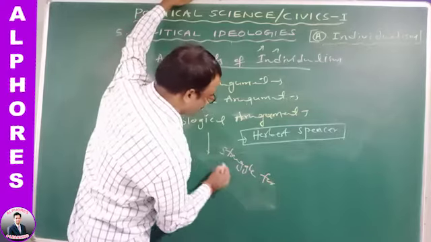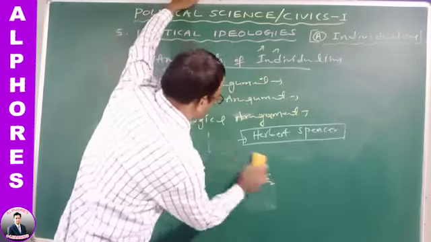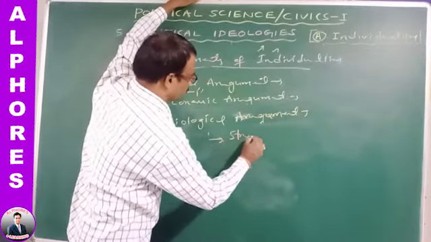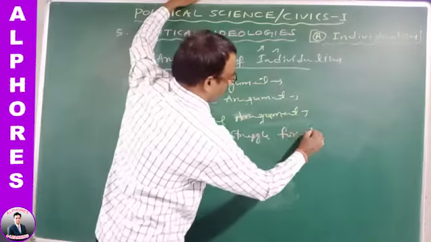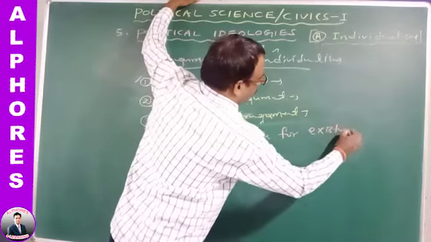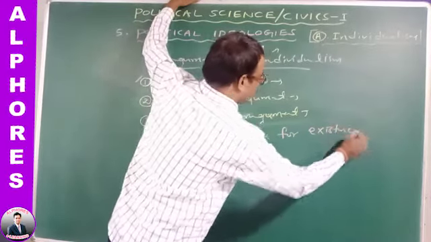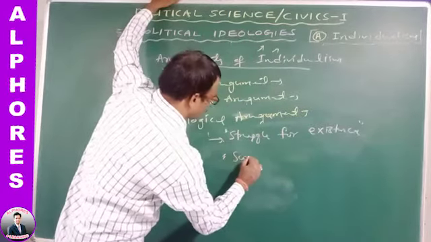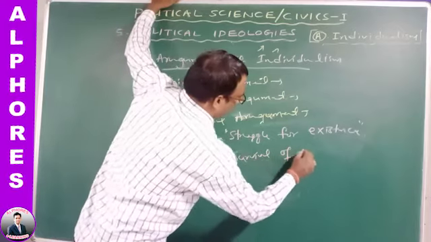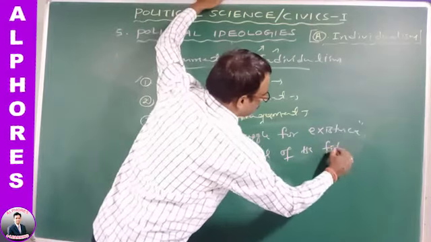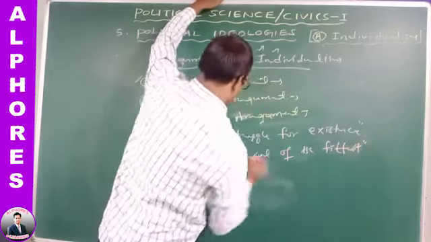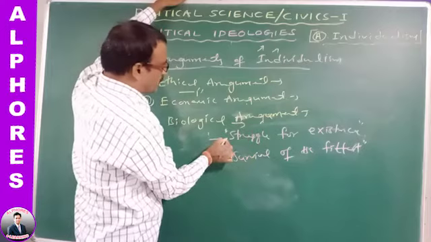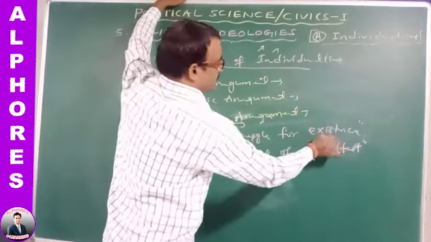Next, survival of the fittest. Clear? So biologically individualism is associated with struggle for existence.